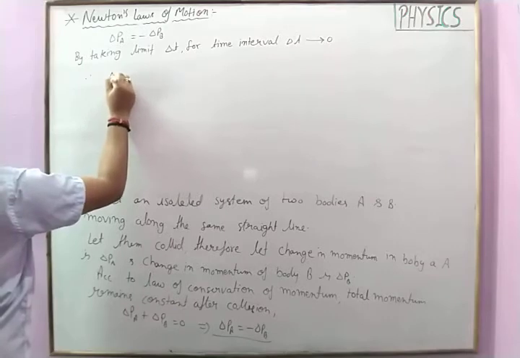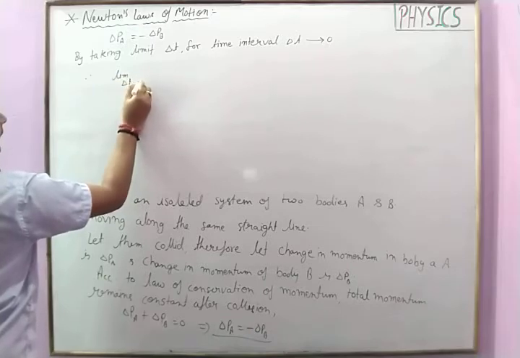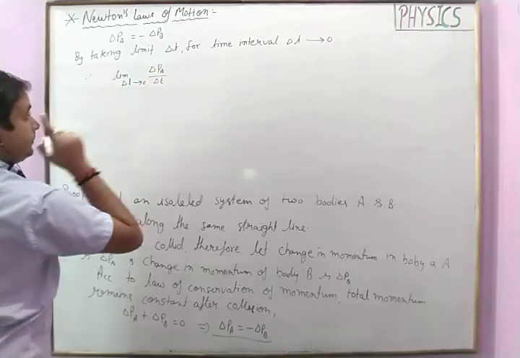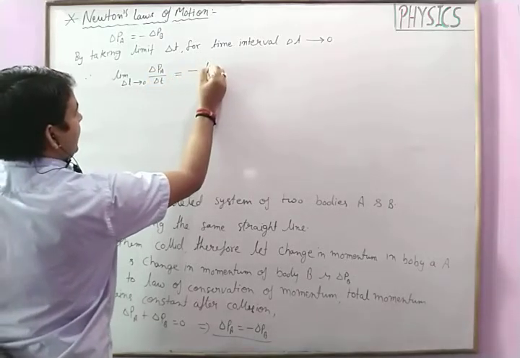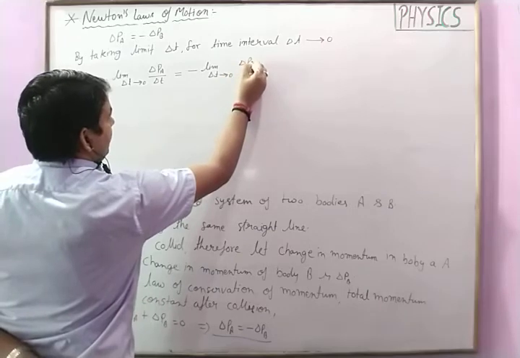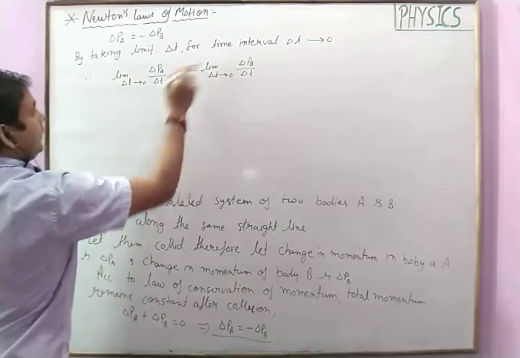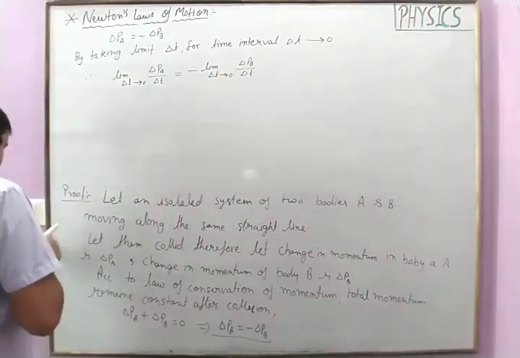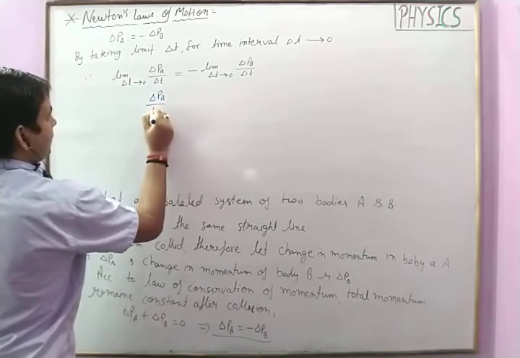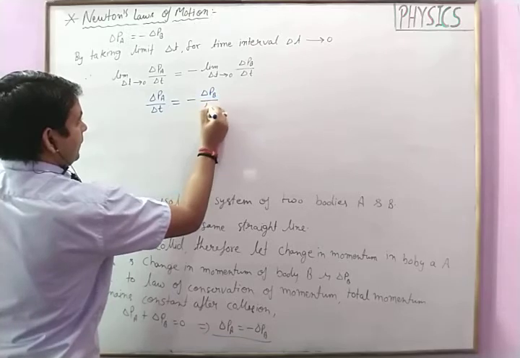Therefore, limit del T tends to 0, del PA upon del T is equal to minus limit del T tends to 0, del PB upon del T. Therefore, we find from this del PA upon del T is equal to minus del PB upon del T.